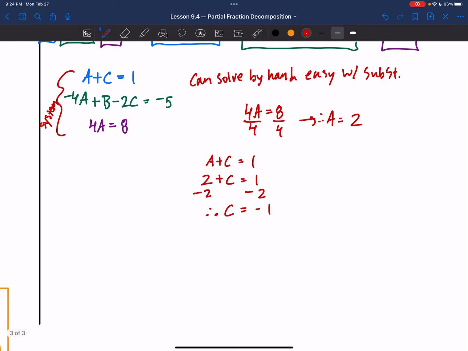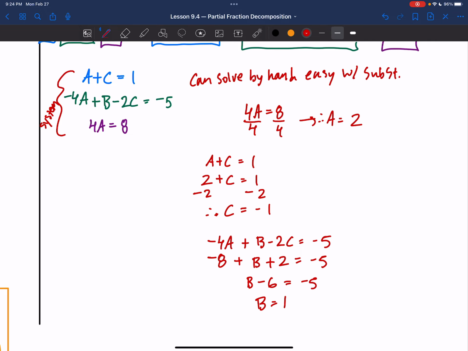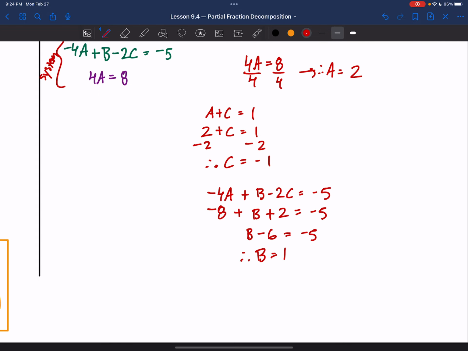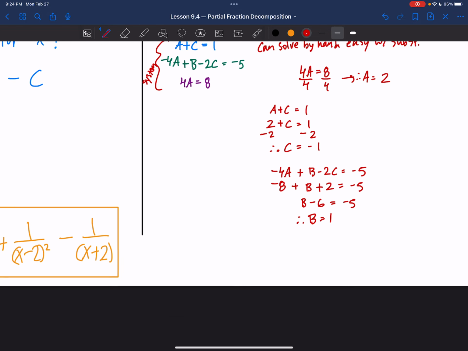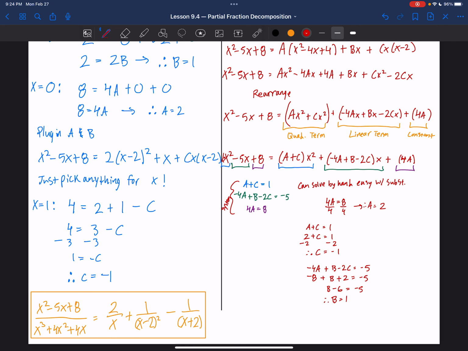And then you have negative 4a plus b minus 2c equals negative 5. Well, that's negative 4 times 2 is negative 8, plus b, minus 2 times negative 1, that's plus 2, equals negative 5. So b minus 6 equals negative 5, so b equals 1. And therefore, you got the same answer.